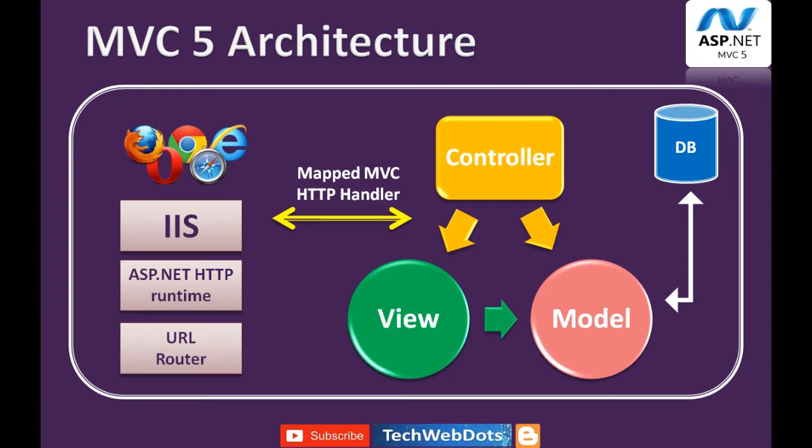Then the controller receives the request and works on it. It selects what view should be presented to the user and what model it should select. For strongly typed views, the model reference can be directly mentioned in the views as well. The controller handles how the application will behave. It takes the data from the model and hands it over to the view as well.